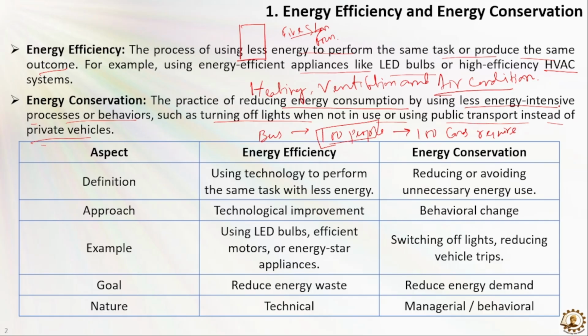You can simply compare that the emission caused by a single bus and the emission caused by 100 cars is much higher, and it is much more detrimental to the environment. So by changing our behavior towards energy use, we can also conserve energy.